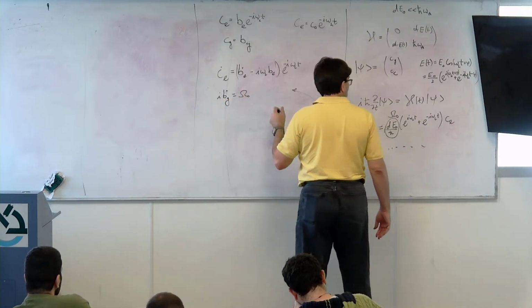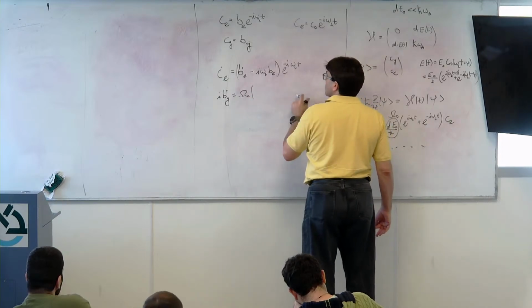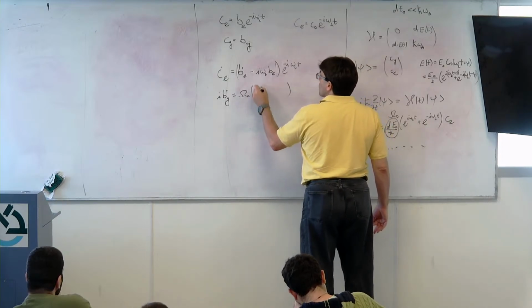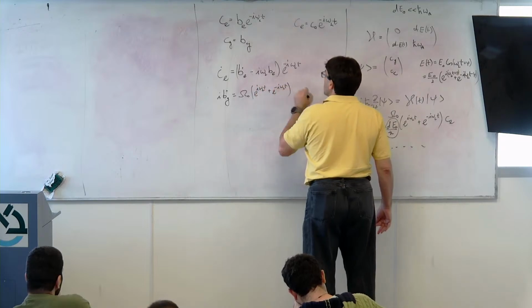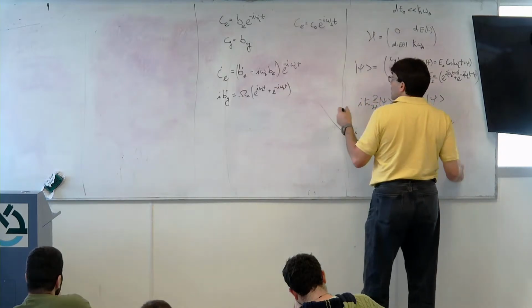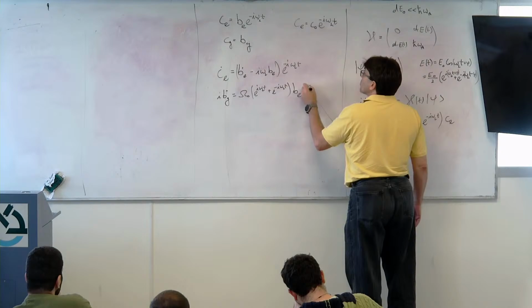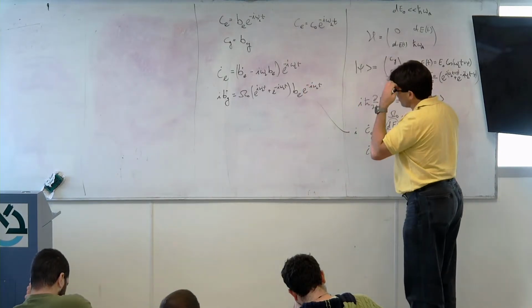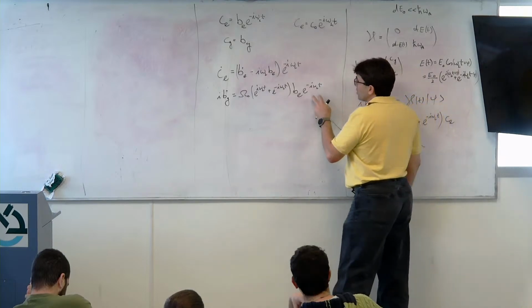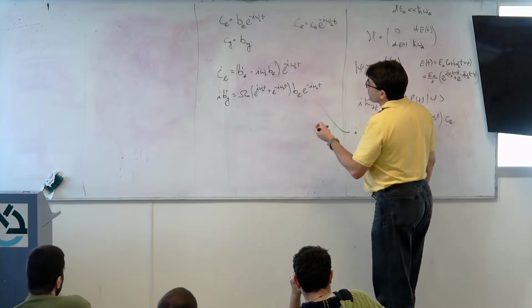Omega 0, and then here times e to the i omega laser t plus e to the minus i omega laser t. And then CE, but CE is this one, so we have here BE e to the minus i omega laser t. And now we can see that we have here, and that's convenient.